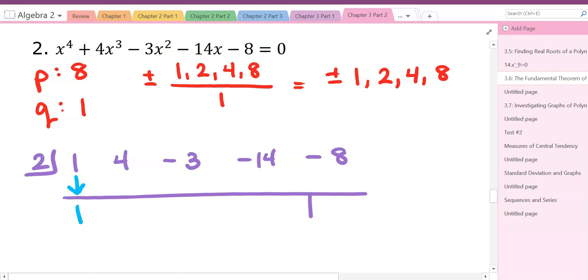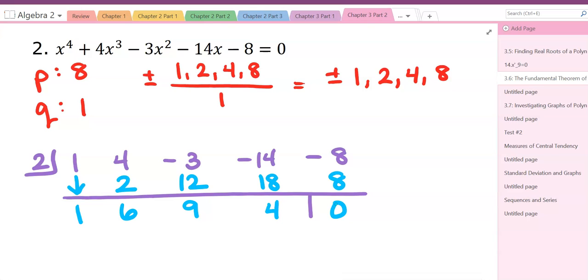Bring down the 1. And then go ahead and do your math here. Okay, so 2 is a root.